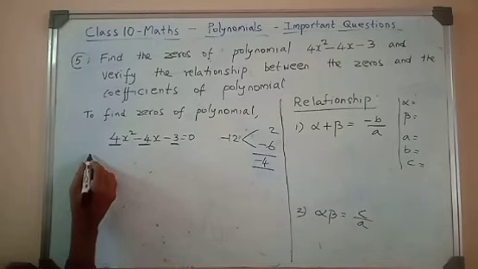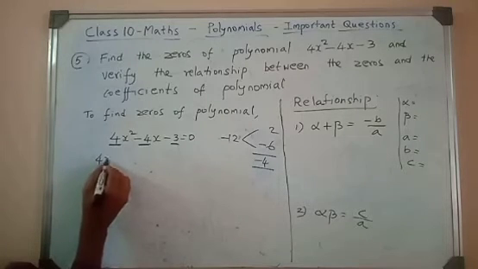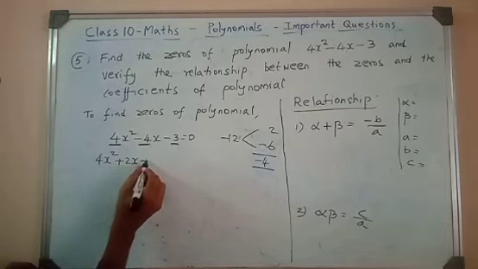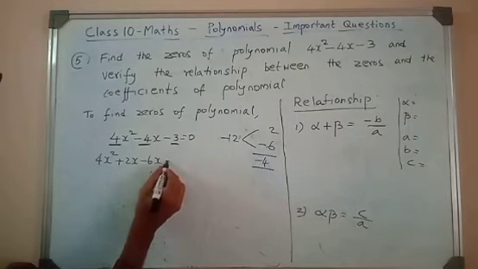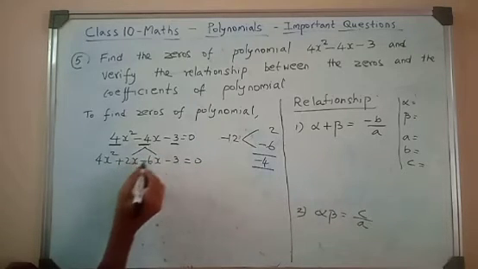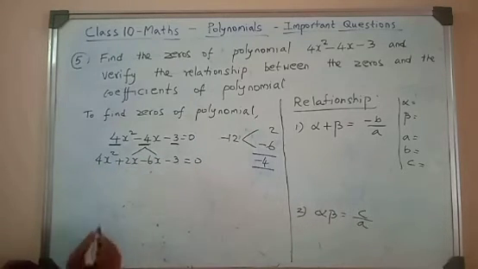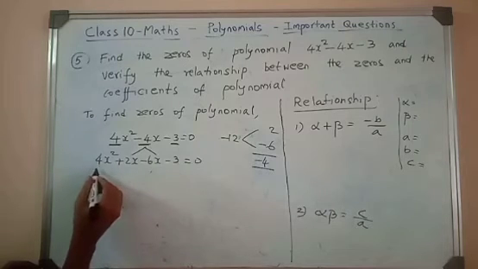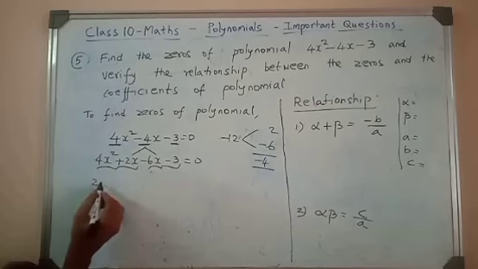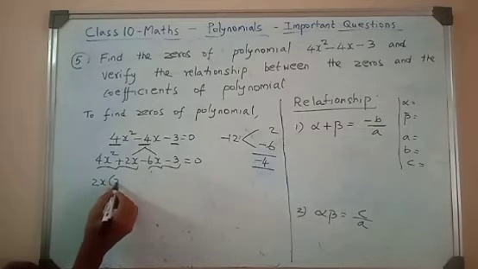Now we can write this 4x square plus 2x minus 6x minus 3 is equal to 0. Here minus 4x only splitted, plus 2x minus 6x. Now taking common factors from the first two terms and the next two terms. Here 2x is common, remaining is 2x.